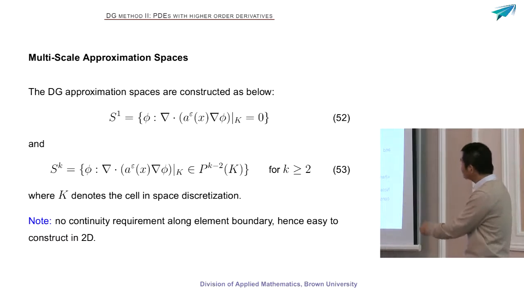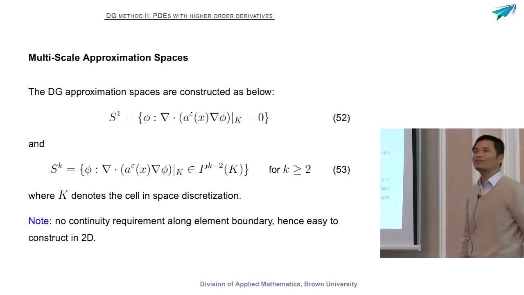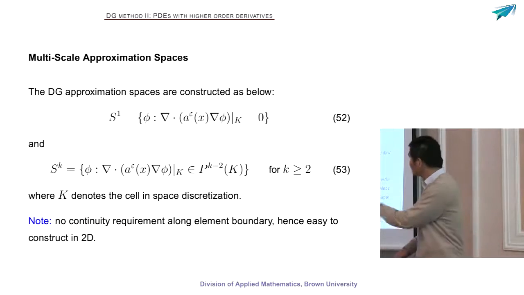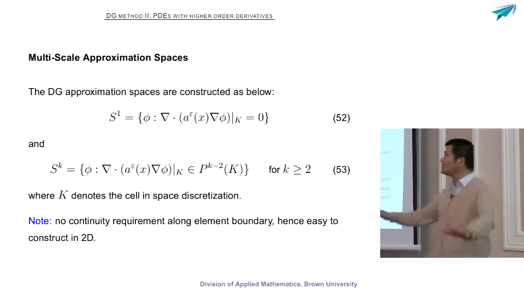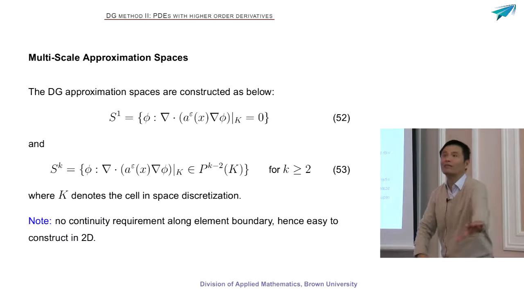The good news here is that this f does not have epsilon. This is very typical. f could even be 0 in many applications. The coefficients are usually, for example, in porous media, what is this a epsilon of x? It is the structure of the soil, for example, so your water is flowing in this medium.